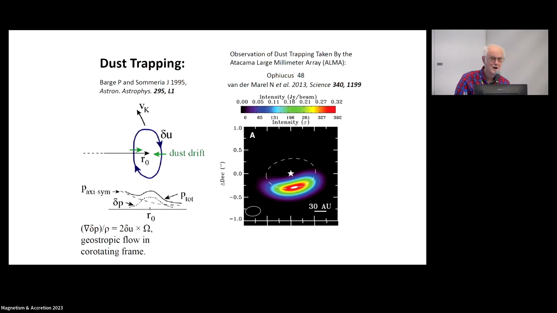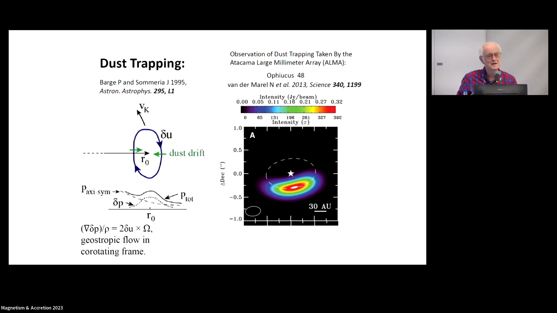And the reason for that has to do with the fact that there's a pressure maximum at the center of the vortex, and the dust that is outside of this vortex is going with Keplerian speed, but the gas is actually going more slowly because of the pressure gradient.